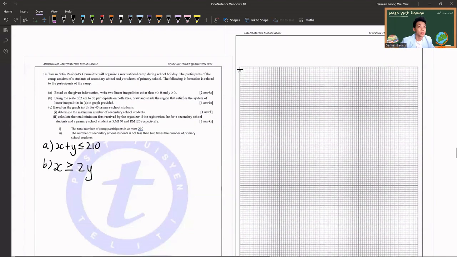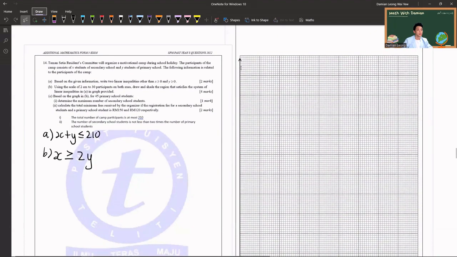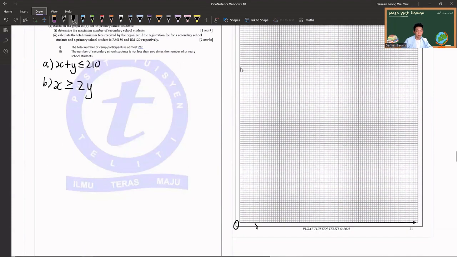So we can start from the bottom left-hand corner, whereby both are 0. Then each box, I just follow the scale and put 30, 60, 90, 120, 150, 180, 210, 240. Yeah, I think that should be enough.